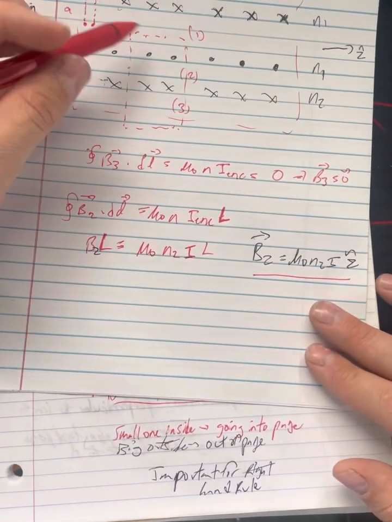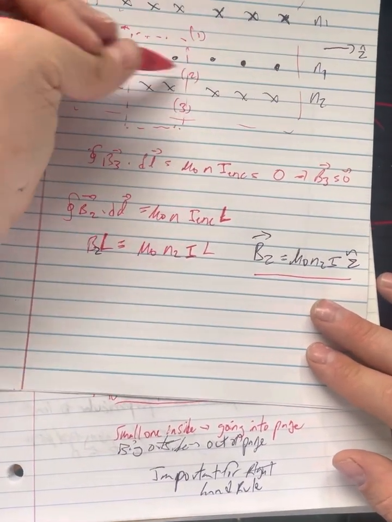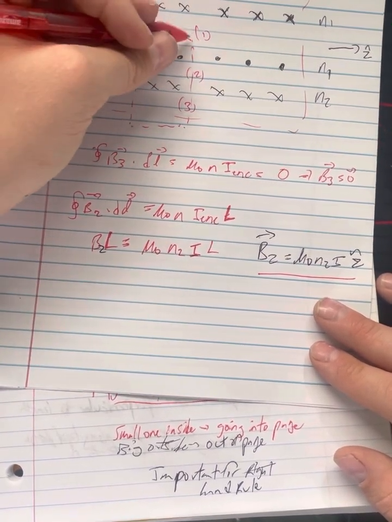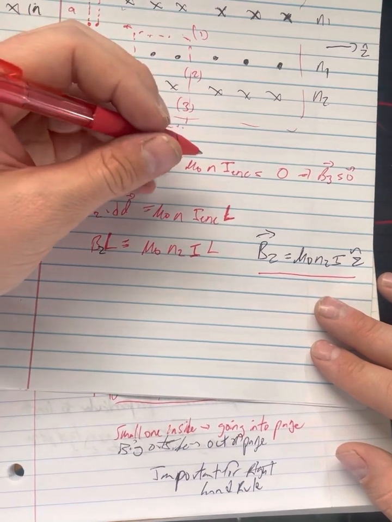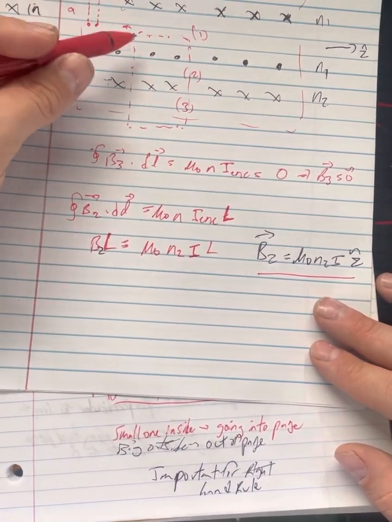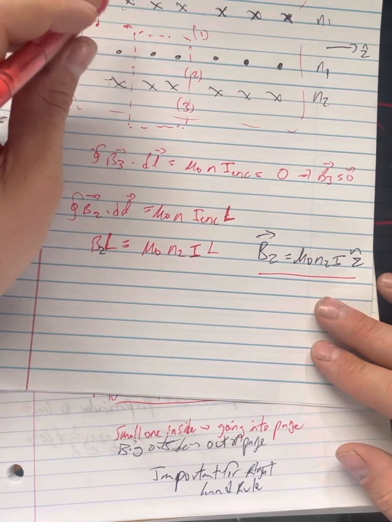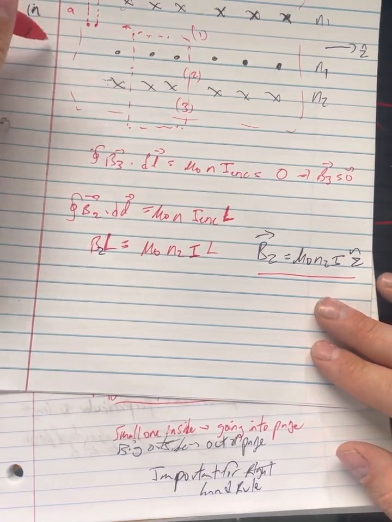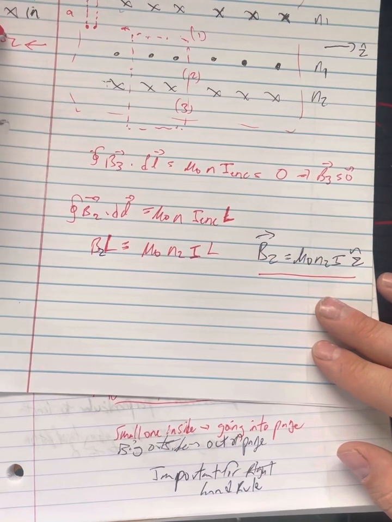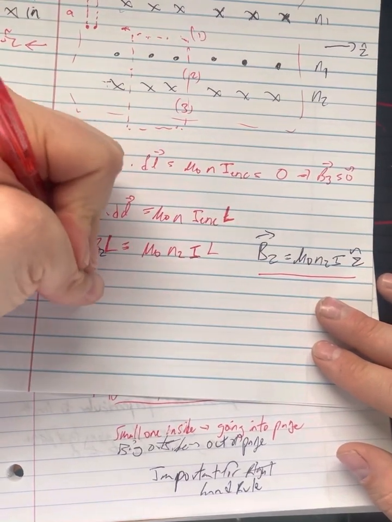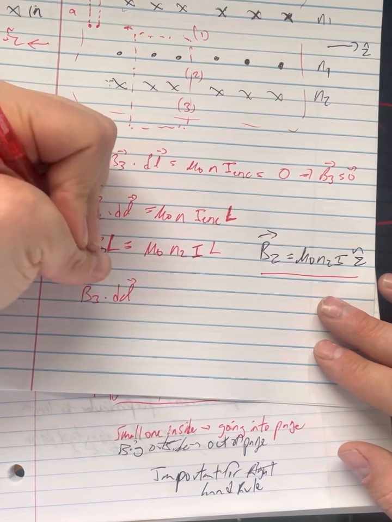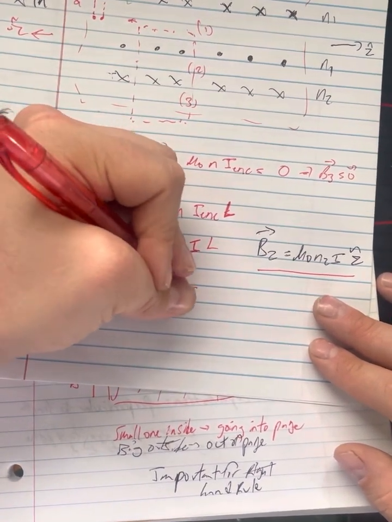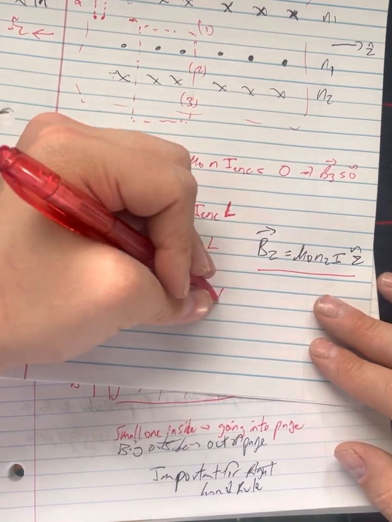And if we want to find the contribution from B1, we have to know that the current is going in the opposite direction, so our magnetic field is going to be pointing in the opposite direction. So B dot dl is equal to mu naught N I enclosed times L.